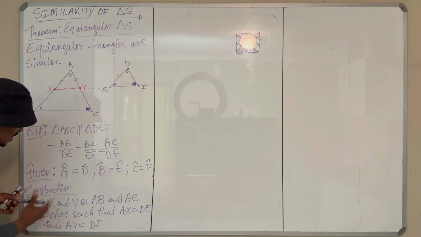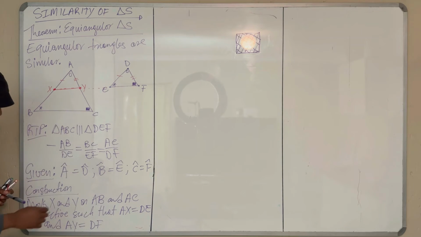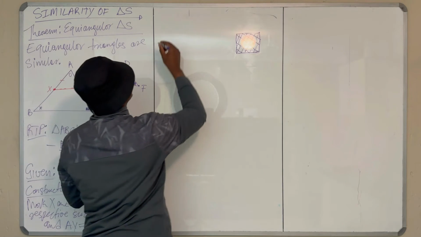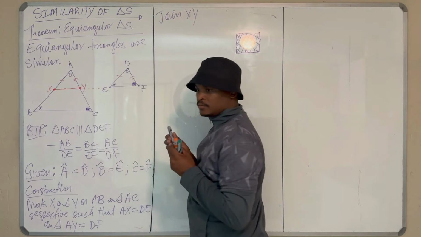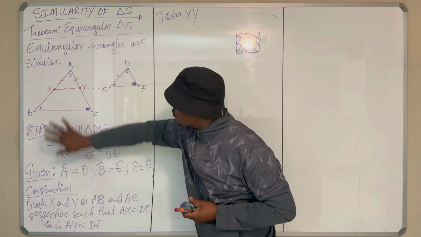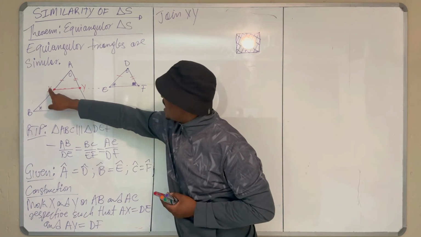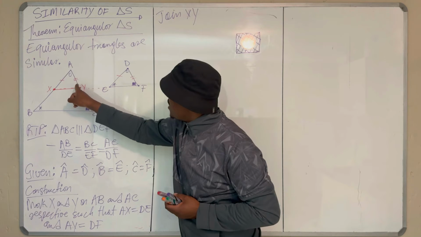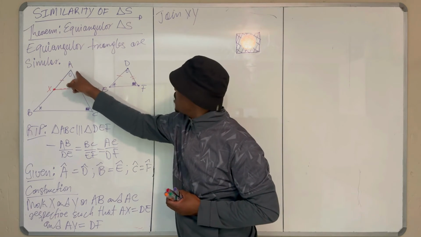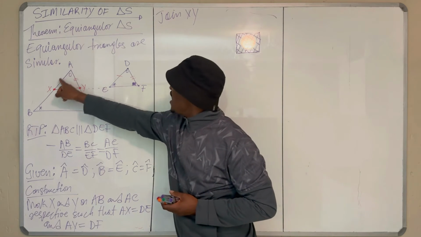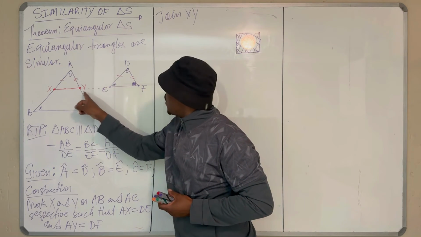So what you're writing here is what you've done here, but you're not done. And then you're going to join XY. So what I'm writing here is what we've done there: we've marked X on AB and Y on AC, such that AX is equal to DE and AY is equal to DF.